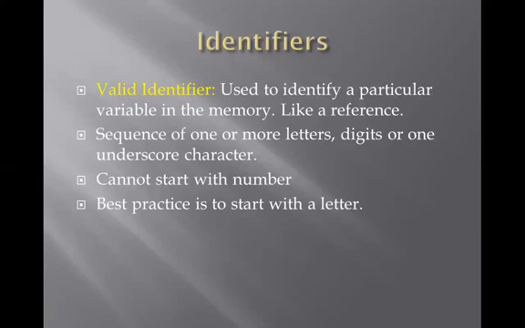Best practice is to start with a letter. You can start with an underscore, but in C++ there are already some reserved keywords, and you could possibly run into keywords that start with an underscore. So you can make a lot of identifiers just starting with a letter. But you cannot start with a number, and you cannot use any other special characters like a period or slash or anything like that. Examples include my_value, _num, or num2, etc.